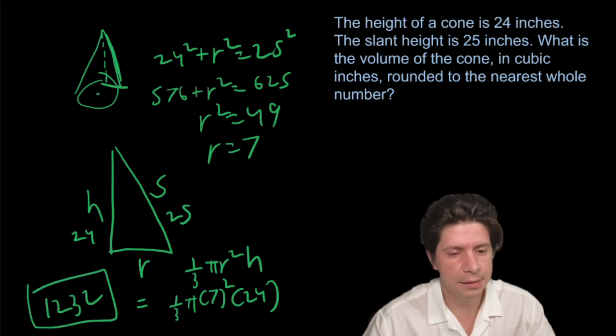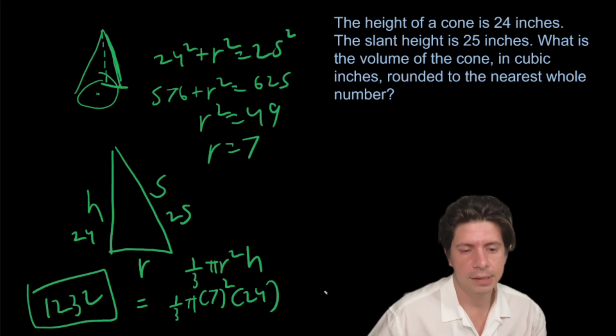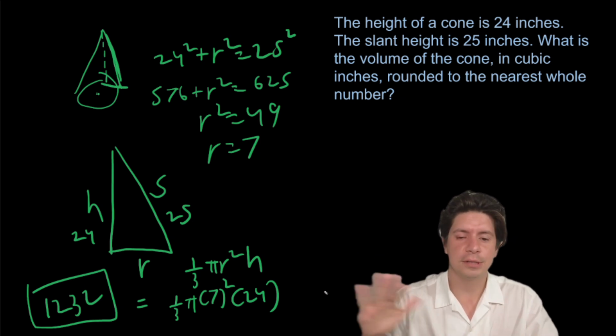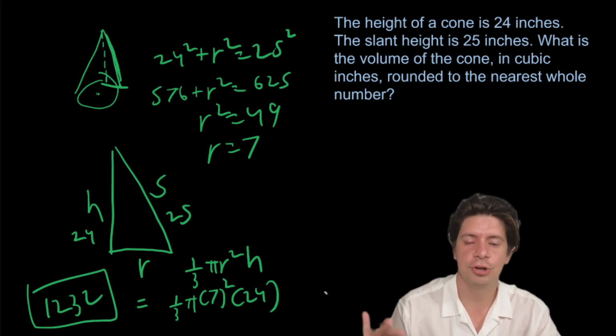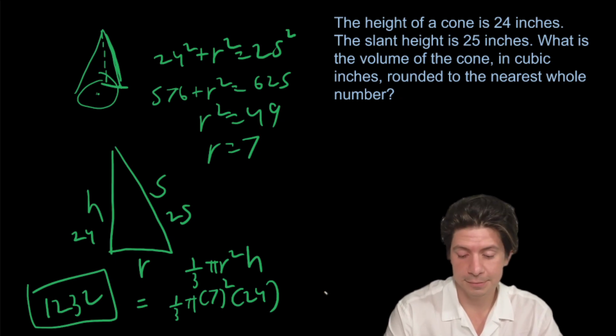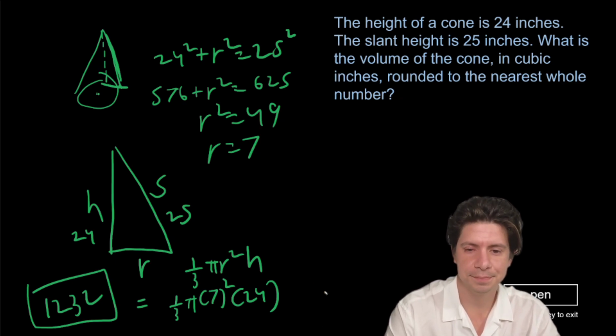Okay, so again, you want to be careful on this one, but you want to think about triangles. A lot of times triangles come up in all sorts of math questions, geometry questions, because they're used to find missing side lengths. Here we were missing the radius.